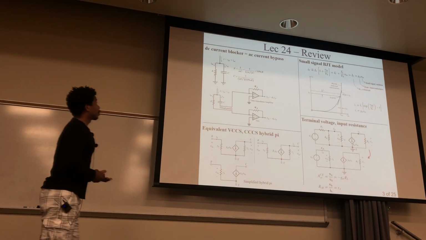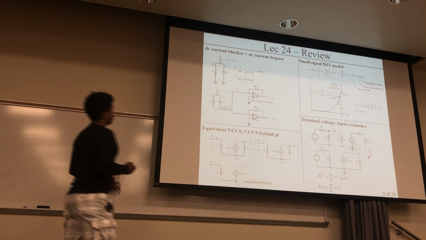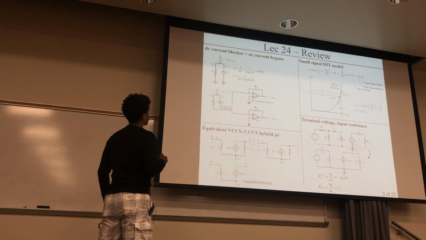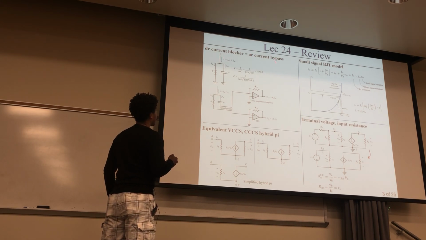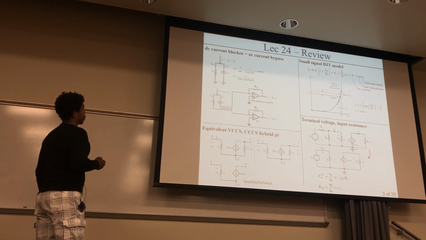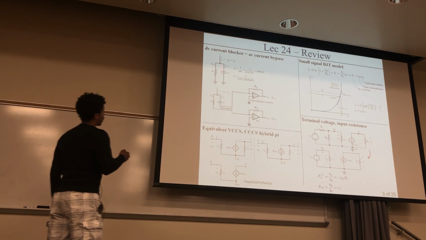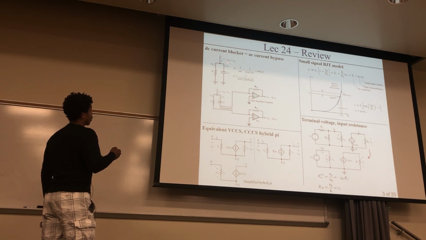Then in lecture 24, we did this correction right here on our conceptual understanding of the DC blocker. So it's a DC current blocker, not just any old DC blocker, and also an AC current bypass. So you could think of this AC component right here bypassing this resistor going around this direction, or think of it as blocking your DC from going this direction, so your DC only goes that direction.